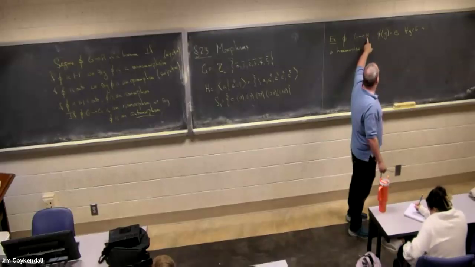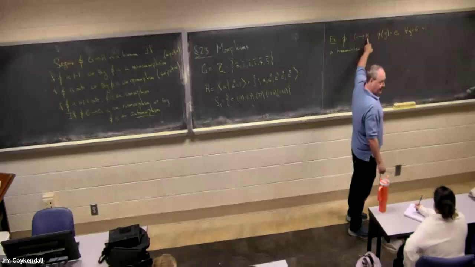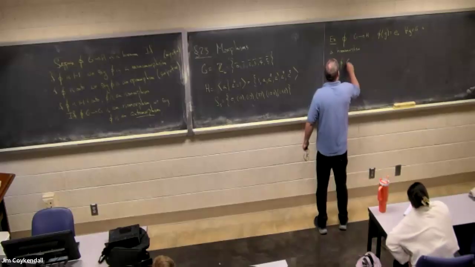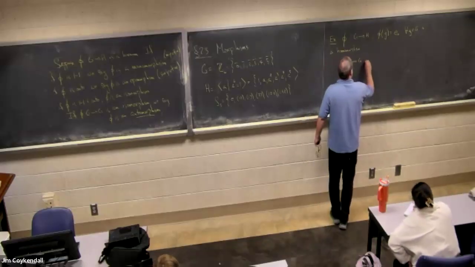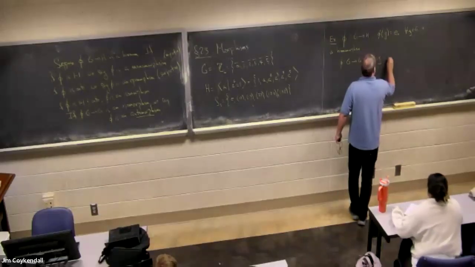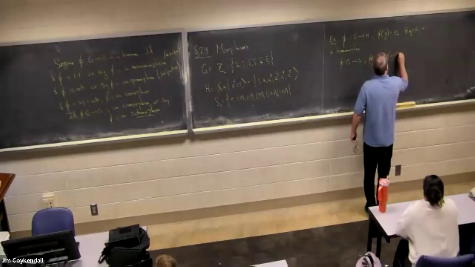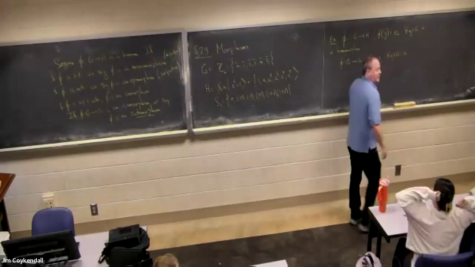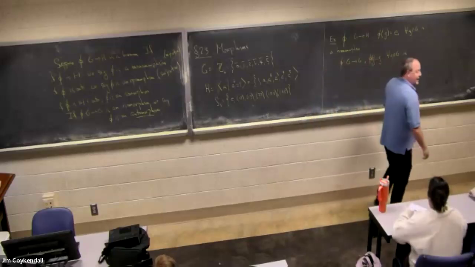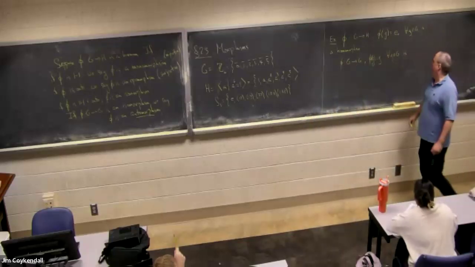In fact, it's only surjective if H is just itself the identity. The identity map from G to G is an isomorphism. This is one-to-one and onto, and in fact, it's an automorphism.